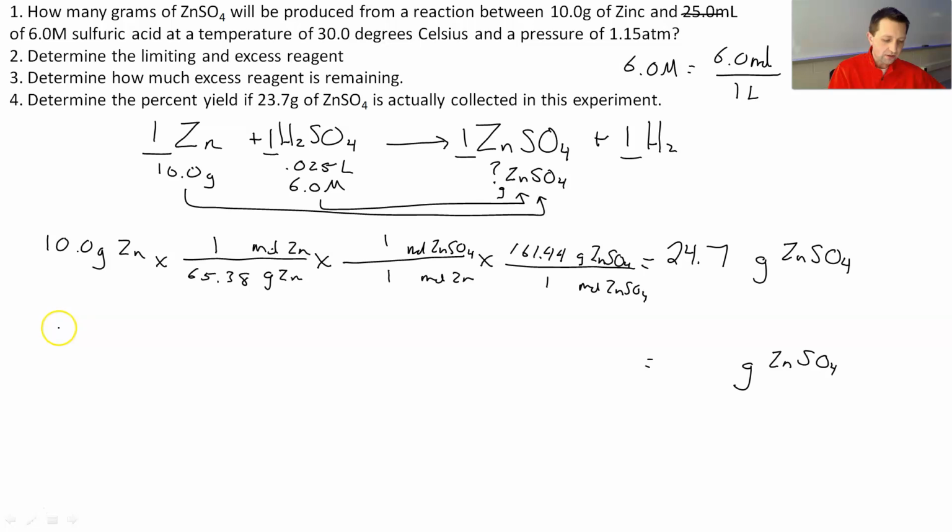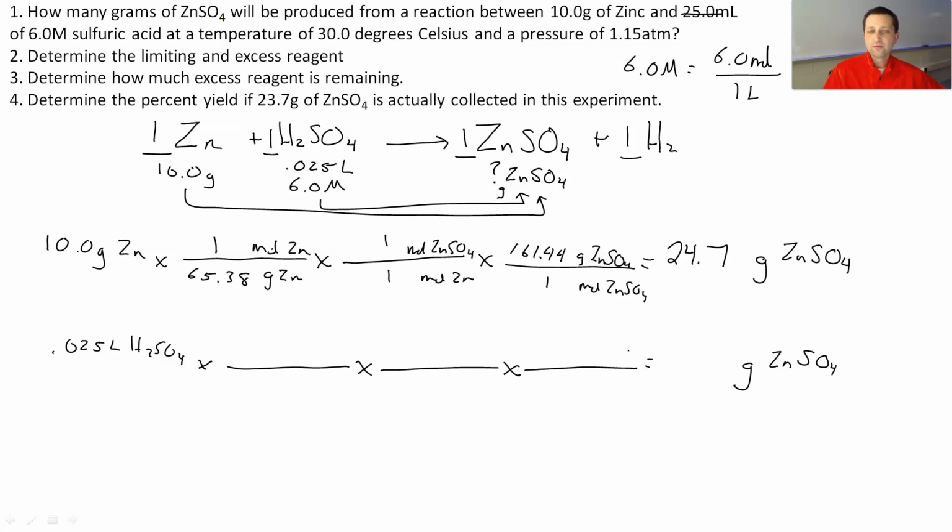So let's start with our volume of solution, 0.025 liters of H2SO4. And if you look at your stoichiometry roadmap, it's a three-step process. So you go from molarity to mass of substance B. Okay, cancel out liters of H2SO4 and go to moles.